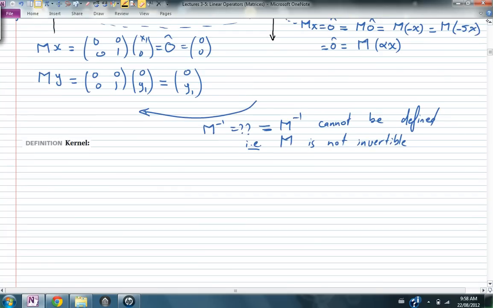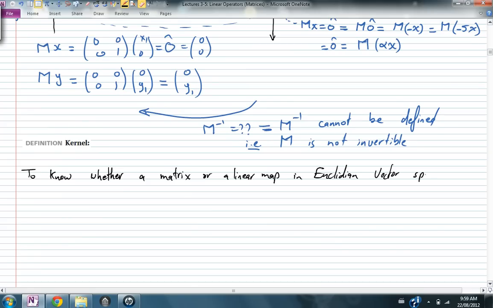It turns out that to know whether a matrix or a linear map in Euclidean vector spaces is invertible or not, you need to count how many vectors, and I'm just going to put brackets around count because if there's one non-zero, there's infinite non-zero vectors.